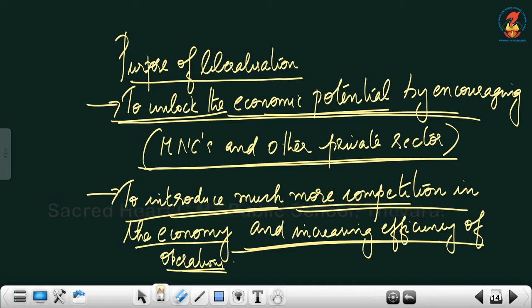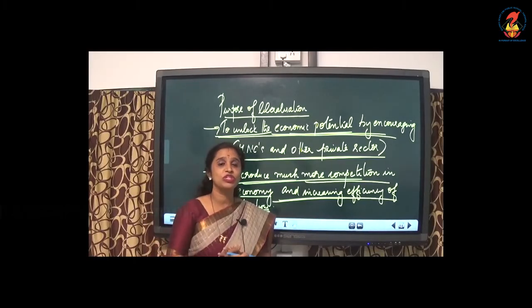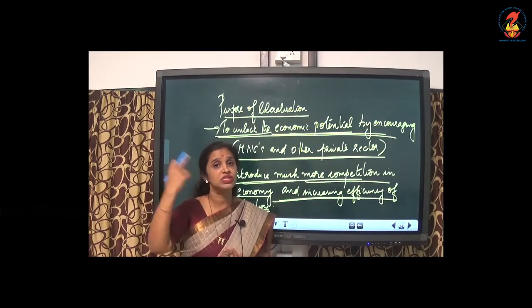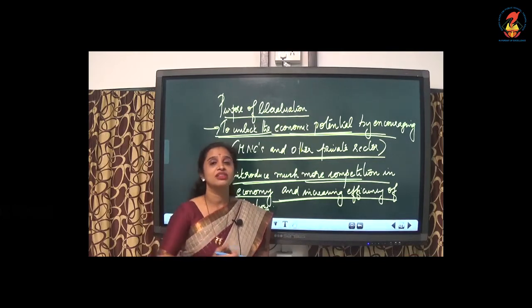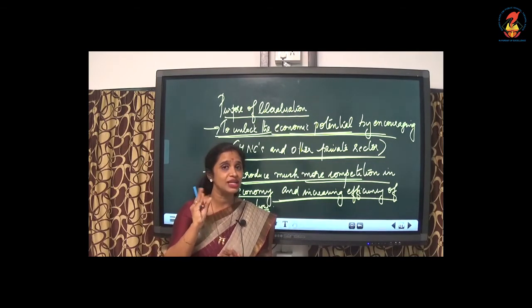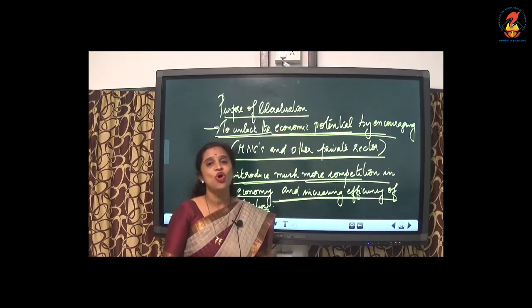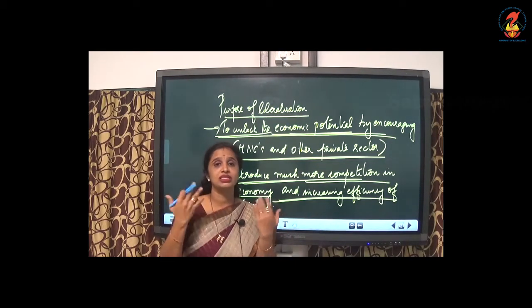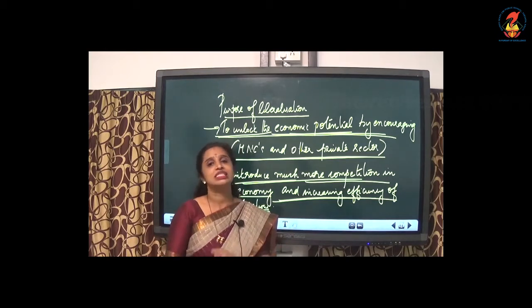When they improve the quality of their product, efficiency of operations also will increase, because they are dealing with goods from outside, not only of the domestic territory alone. They are crossing the boundary. They are dealing with other products also. So this will increase the efficiency of operations. So liberalization means freedom of movement of goods, services, as well as development of private sectors.